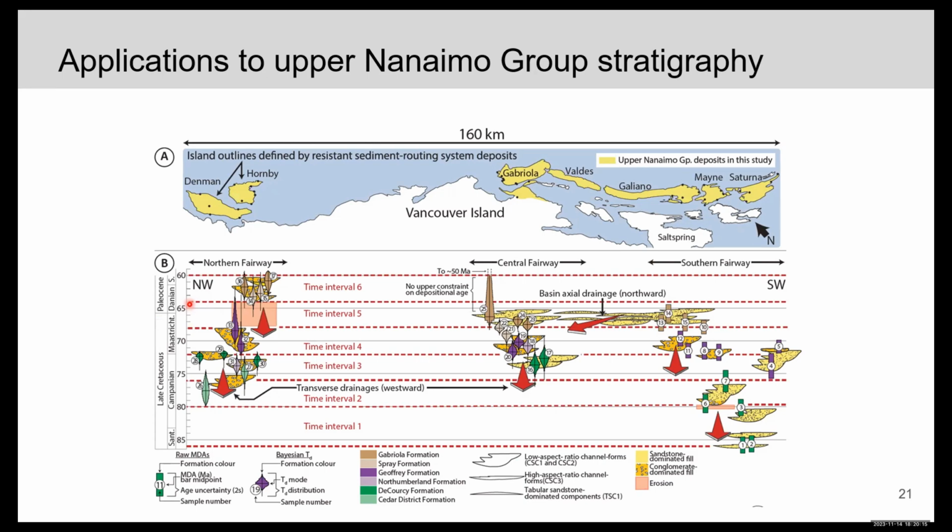Yeah, so all these samples have a large variety of detrital zircon ages in them, going from the time of deposition, which is like 84 to 65 or 60 ish, all the way back to Proterozoic and Archean ages.